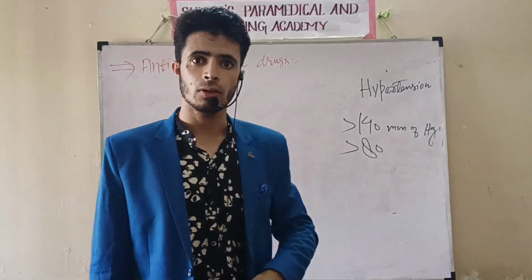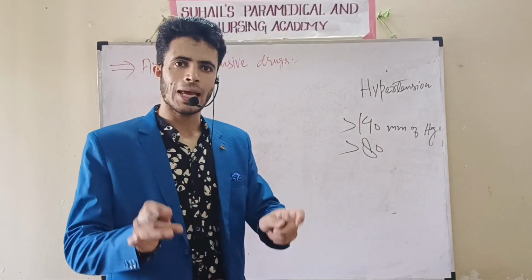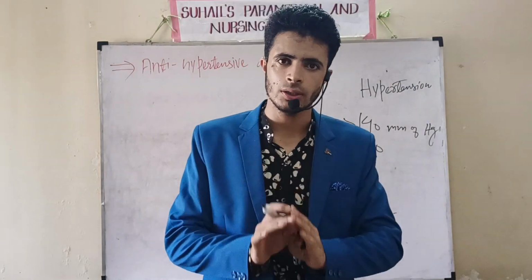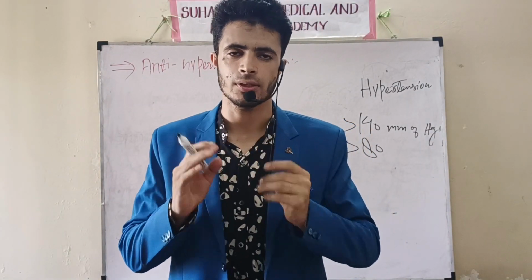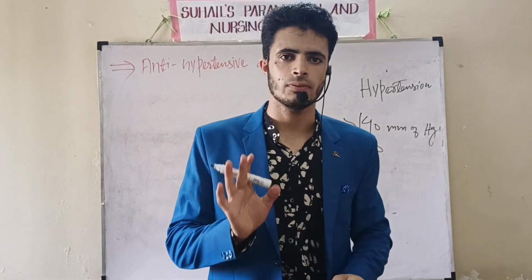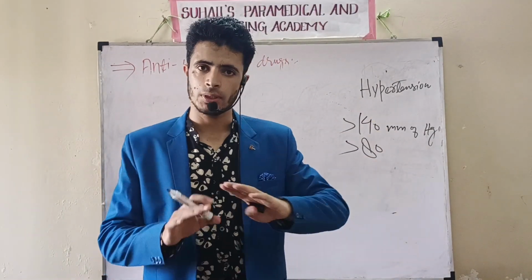Now the question may be in your mind, what is blood pressure? Blood pressure is the pressure exerted by the blood on the vessels, on the arteries and veins. So remember, in case of hypertension, this blood pressure will be increased.